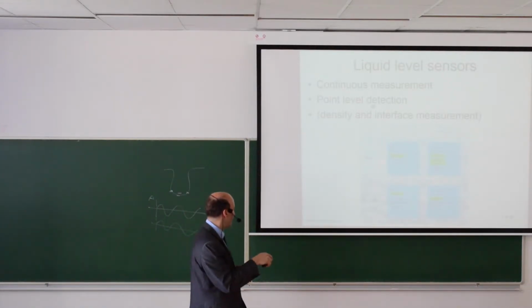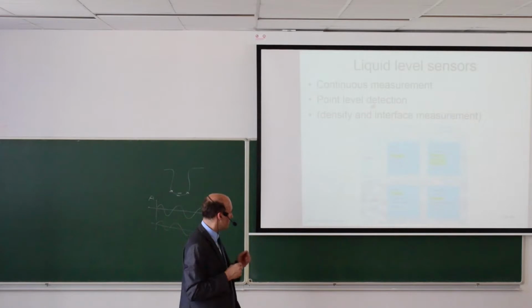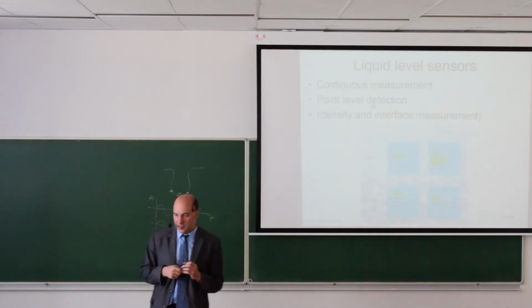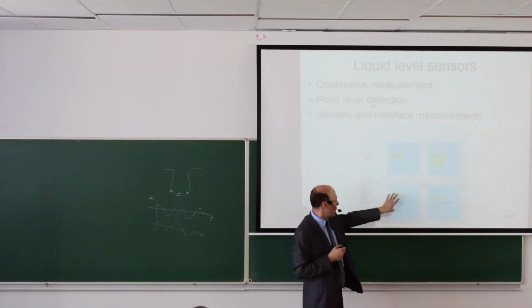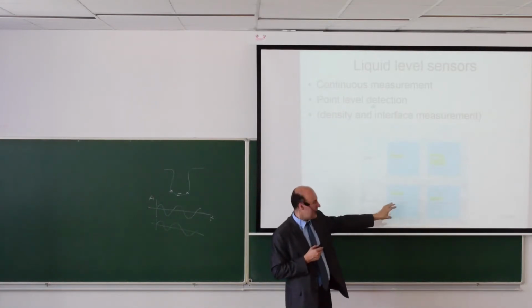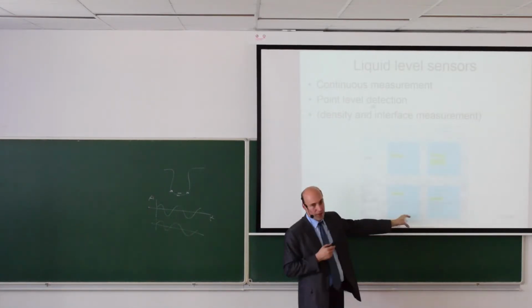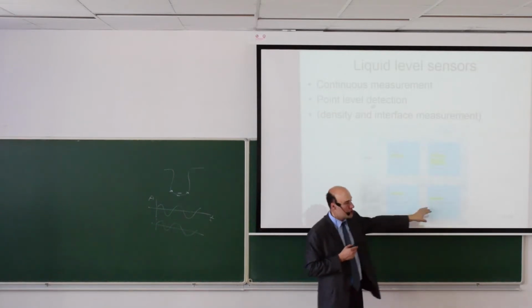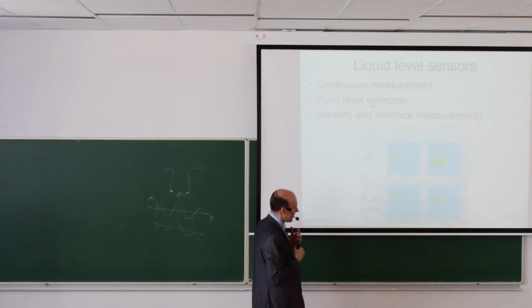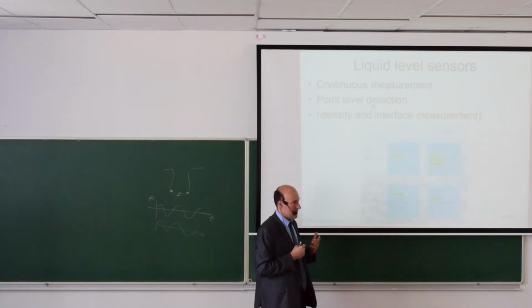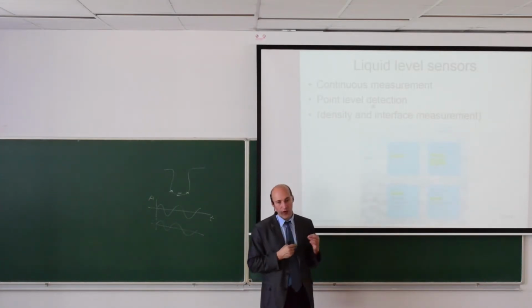So here you have a picture that divides these liquid level sensors into two groups. Here we have point level detection. Typically those sensors are cheaper than the continuous sensors which you have here on the right. And you can have different principles and sensors for solids and for liquids.